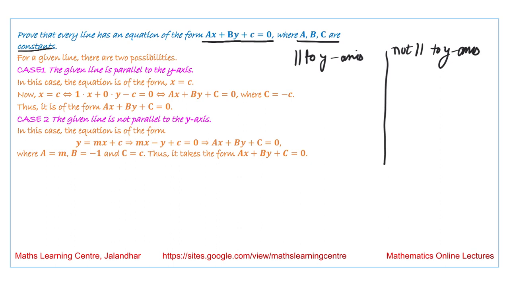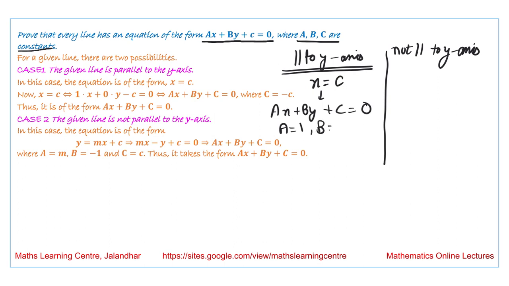When the given line is parallel to y axis, the equation is of the form x is equal to c, which is of the form ax plus by plus c is equal to 0, where a is equal to 1, b is equal to 0, and capital C is equal to minus c.